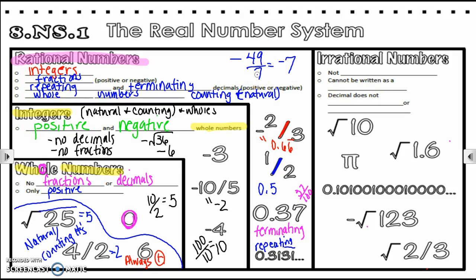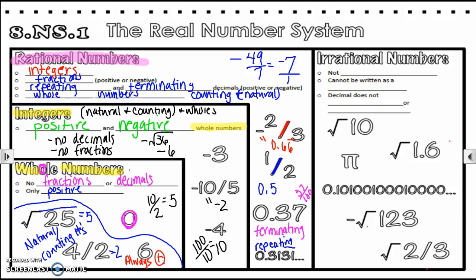Negative 7 over 1 can be written as a fraction, so negative 7 and negative 49 over 7 are rational numbers. They're also integers. They're not whole numbers because negative 7 is a negative. However, it is a rational number and it is an integer.